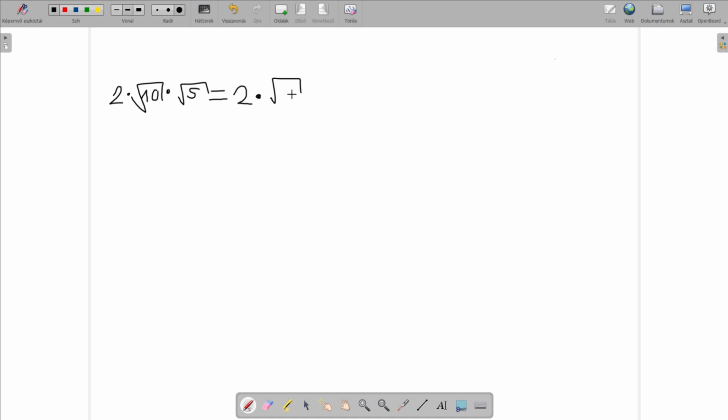And then this is going to be the square root of 50. And how can we write the square root of 50 as a number multiplied by a number which has an integer square root? The square root of 2 times the square root of 25 is probably a nice bet, because the square root of 25 is 5.